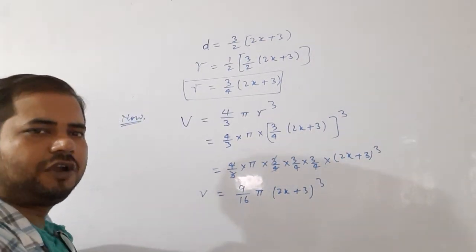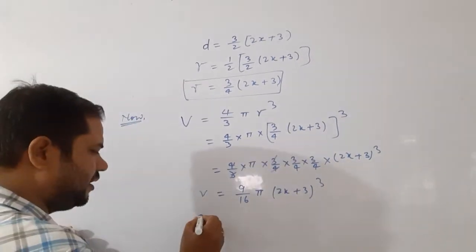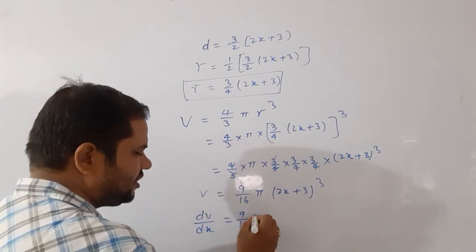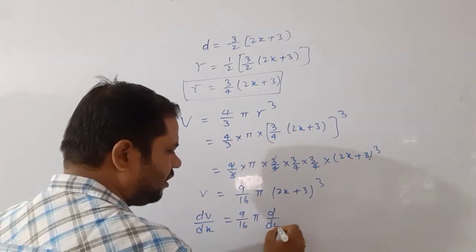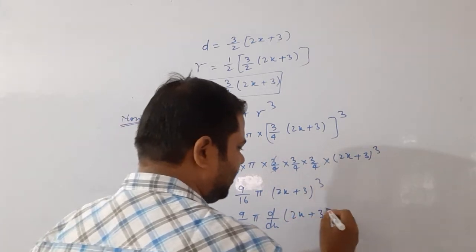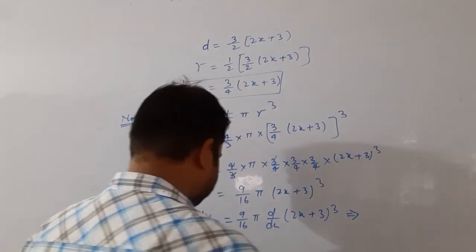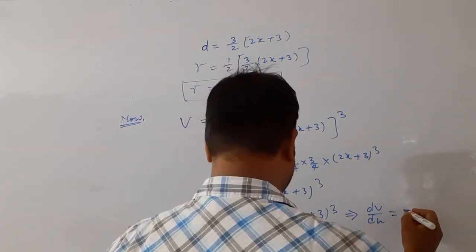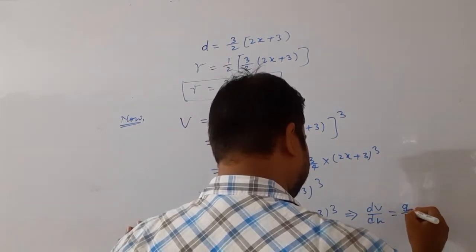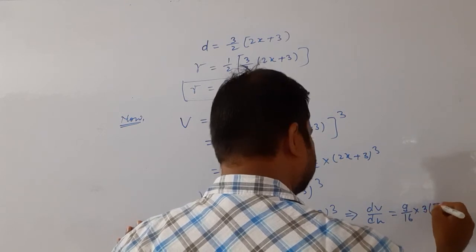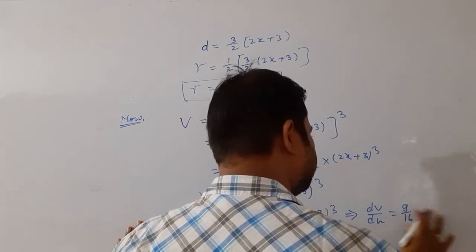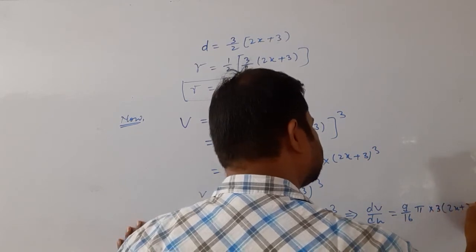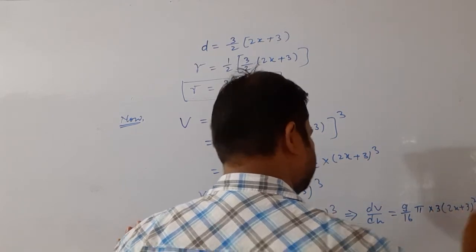Okay, now dV by dx is nothing but 9 by 16 pi d by dx of (2x plus 3) whole cube. This implies dV by dx is nothing but 9 by 16 into pi into 3 (2x plus 3) whole square into 2.